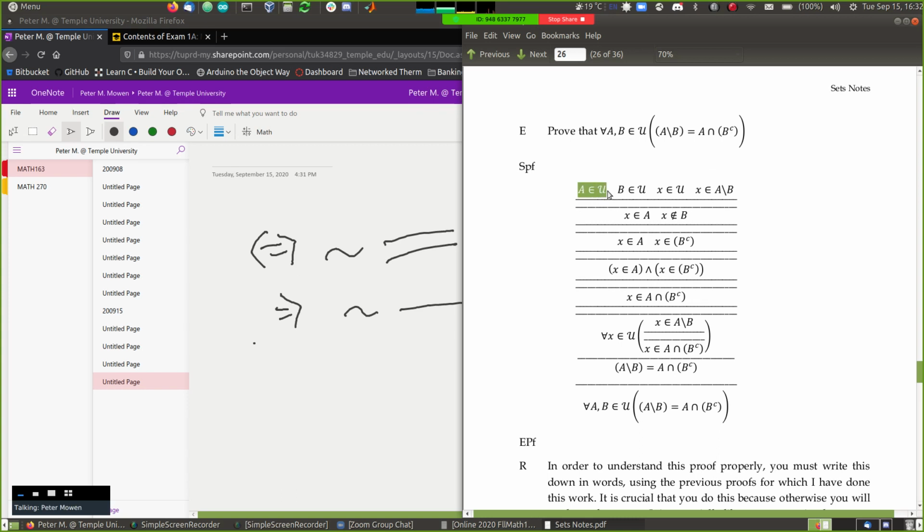So at the start of our proof, we pick some generic A in our universe and some generic B in our universe, and then some generic X in our universe.